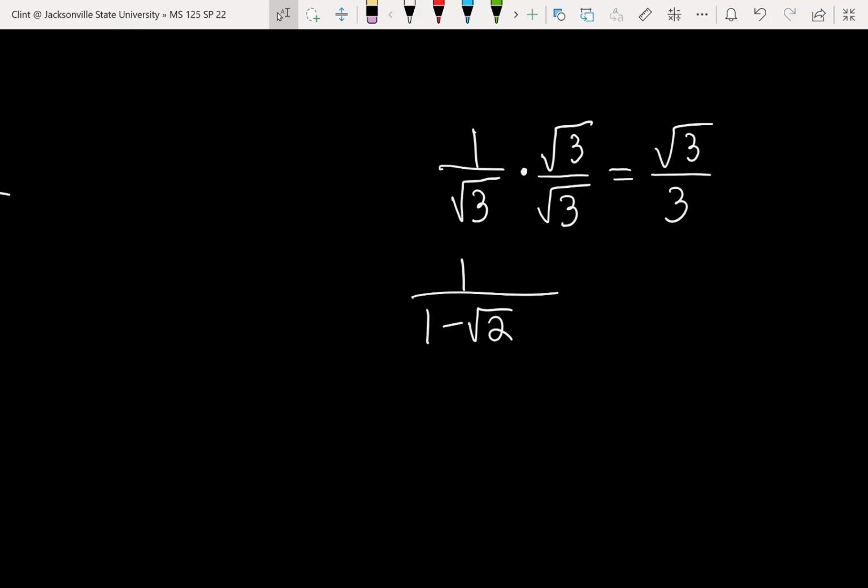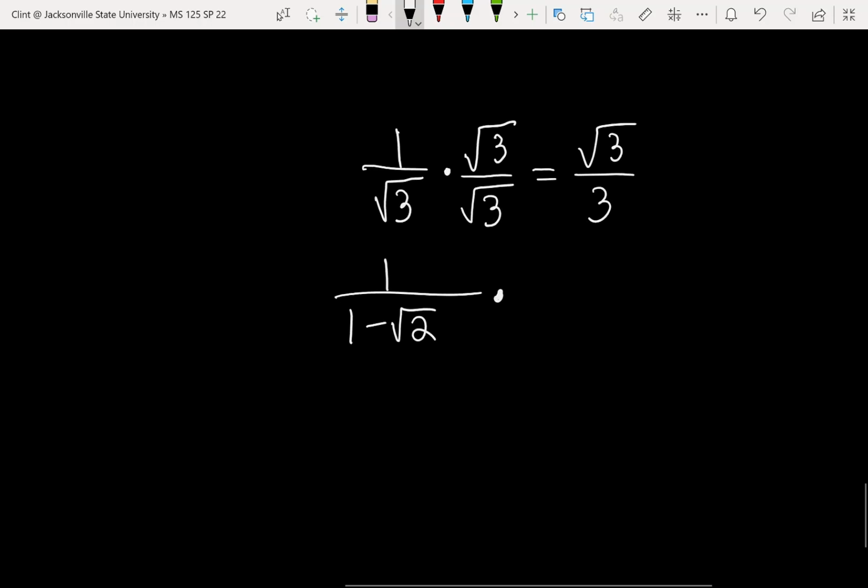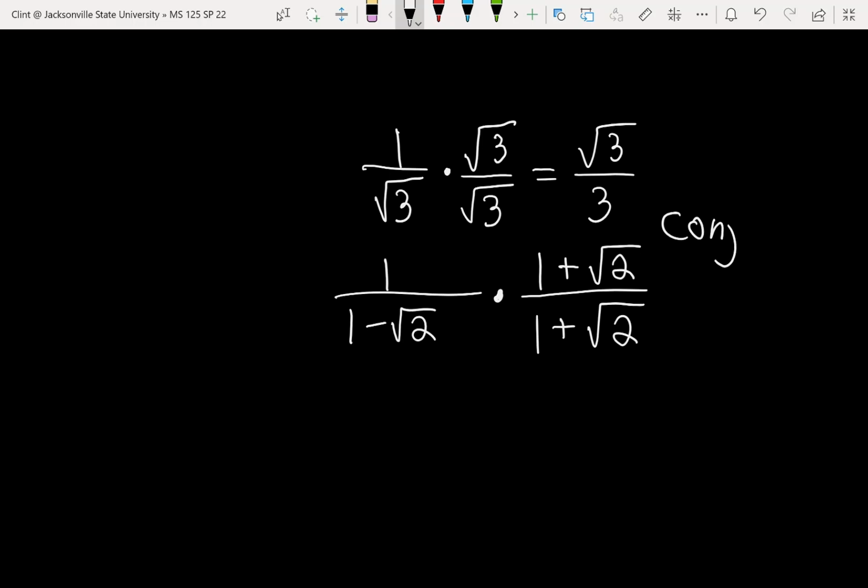I don't think we've done one of those. You're probably thinking about the right thing. So what can we multiply by? Multiply by almost the denominator, but we change something. Flip the sign in between. It's called the conjugate.